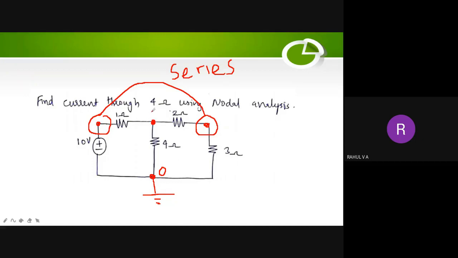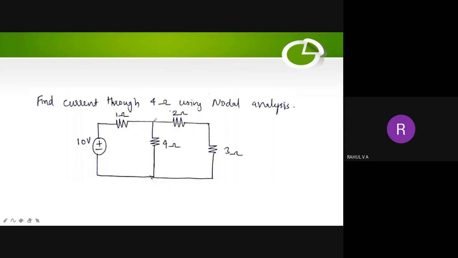Now we have only one node where we can do the analysis. First, you have to mark the voltage at that particular node. If there is only one node, you can say the voltage at node 1 is V1, and then you assume that all currents are leaving away from the node.